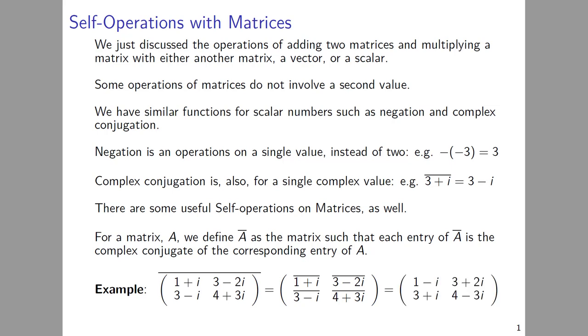Doing this, we get that the complex conjugate of 1 plus i is 1 minus i, the complex conjugate of 3 minus 2i is 3 plus 2i, the complex conjugate of 3 minus i is 3 plus i, and finally the conjugate of 4 plus 3i is 4 minus 3i, giving us the complex conjugate of our original matrix.